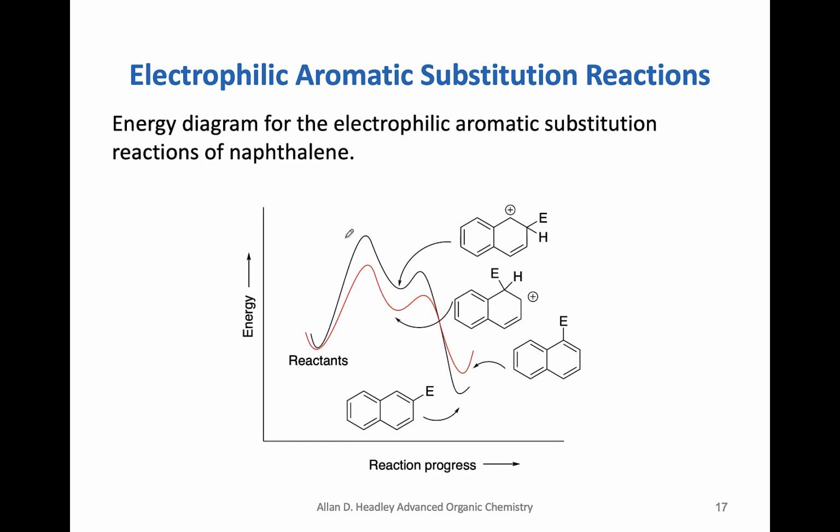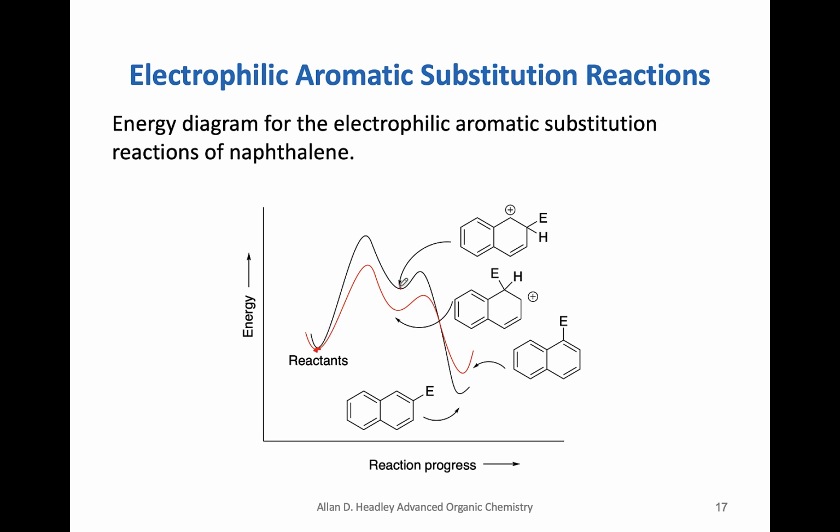So let's look at this in terms of a figure. As we said earlier, we use this concept a lot in terms of figures and diagrams to explain different concepts. So here are the reactants. They all have the same level energy because they're starting with the same reactant, the naphthalene and the electrophile.